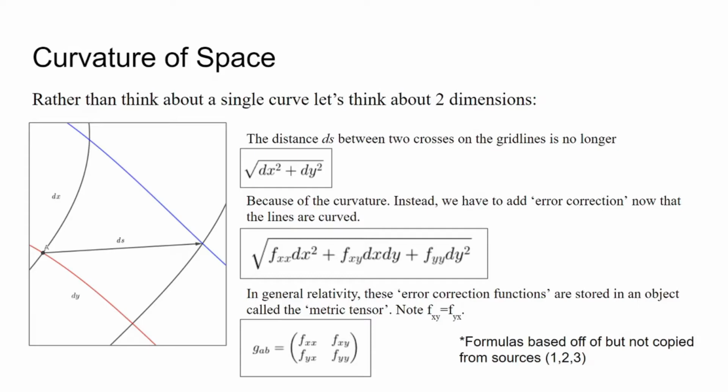These error correction functions are stored in an object called the metric tensor, which is basically a matrix representing what corrections you have to do based on what reference frame you're viewing the world from. In particular, curvy grid lines or reference frames that are accelerating are going to have error correction functions that aren't linear. You're going to start having terms that basically mess, so to speak, with distance in any number of ways.